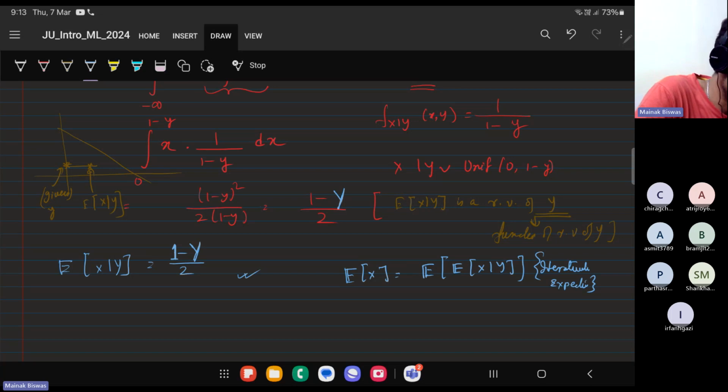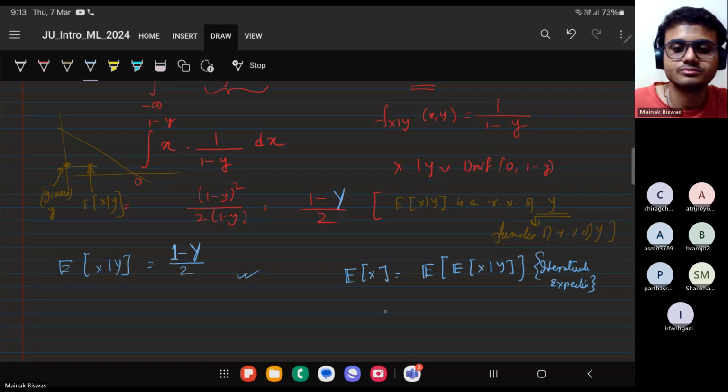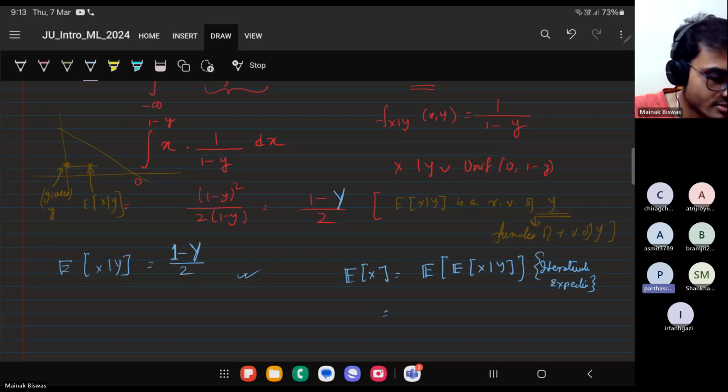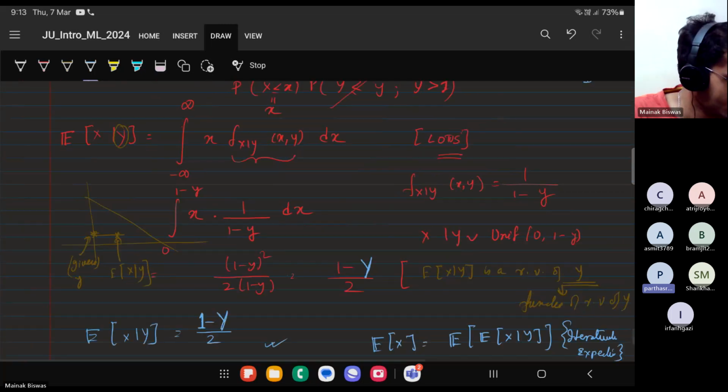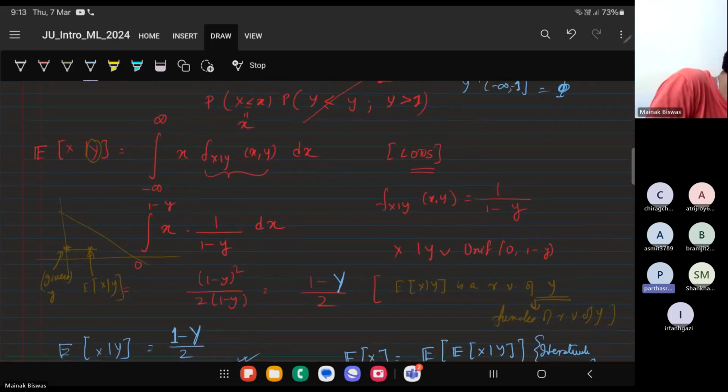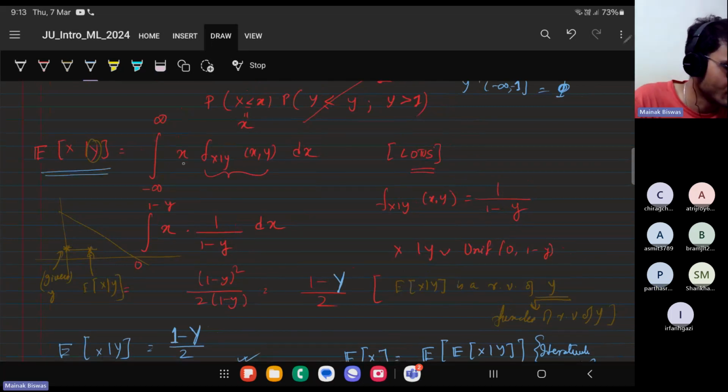Can anyone show me why is it the case? Can you show the integral once? Which integral? The E of x such that the integral structure over y. This is x given y. This is simply LOTUS.